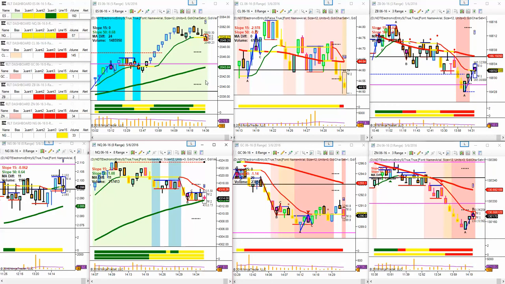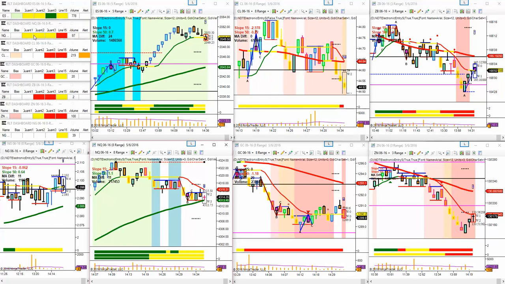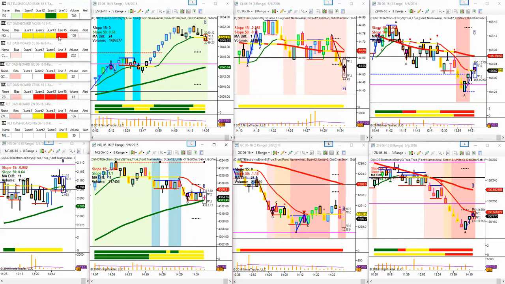Nothing doing on the E-mini. So our quant lines are yellow, and we have one green. The modified 15 is yellow. NQ also. Nothing we even need to look at.